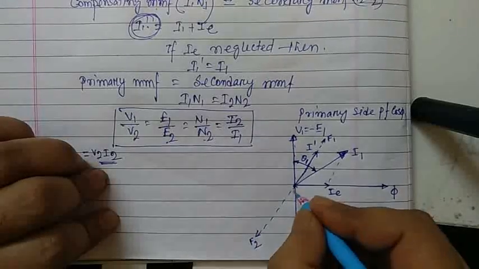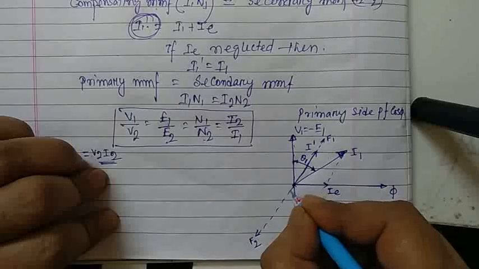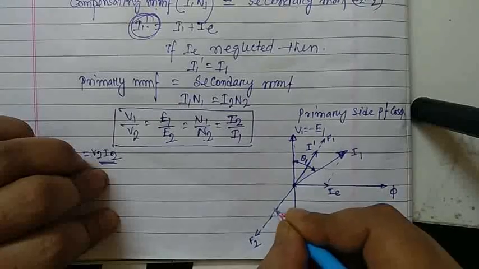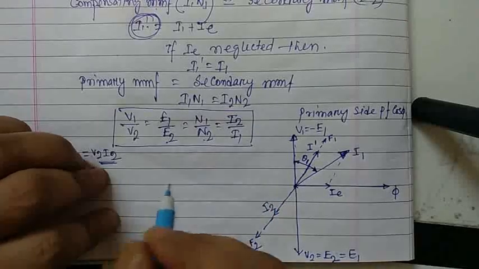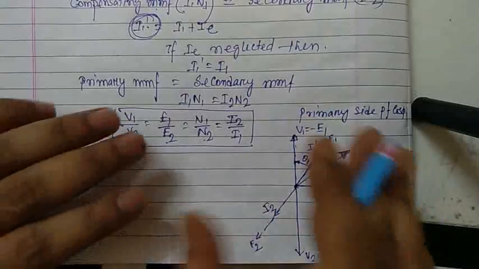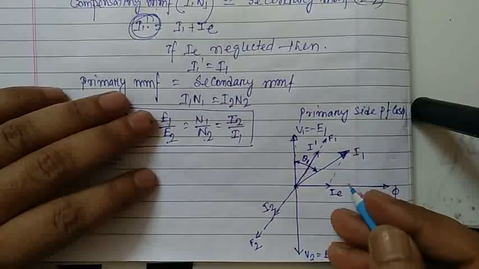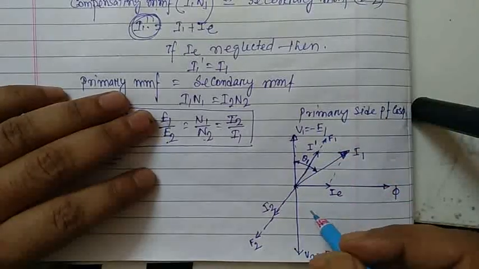I2 is in phase with F2, so this is I2. So this is the phasor diagram of an ideal transformer.